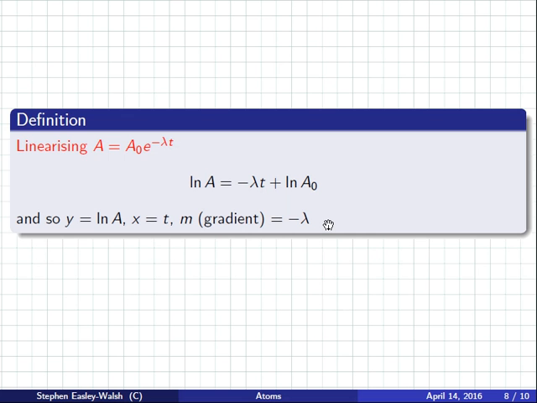The only difference is the intercept now instead represents, what do you think? Log A0. Yeah. This is true for A as well. Log A equals minus lambda t plus log A0.